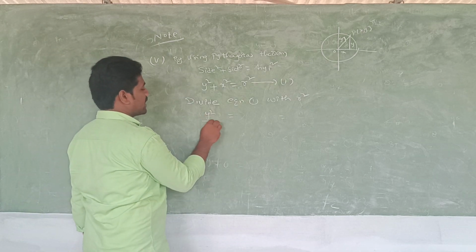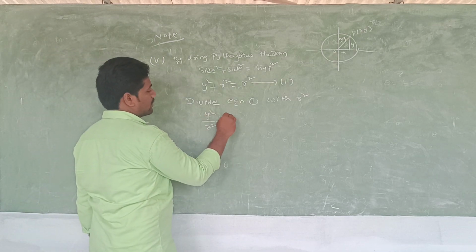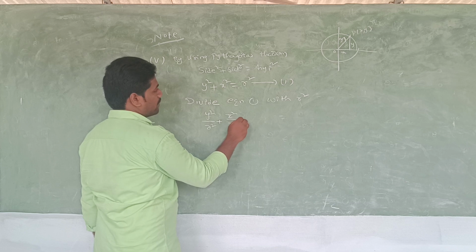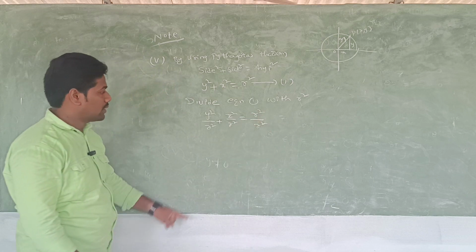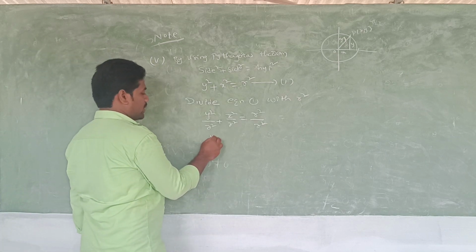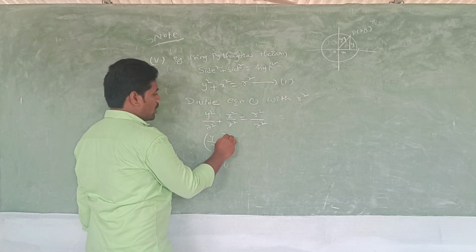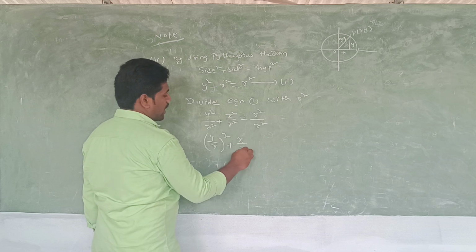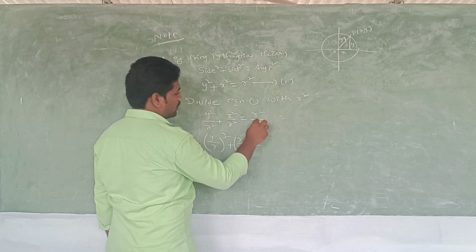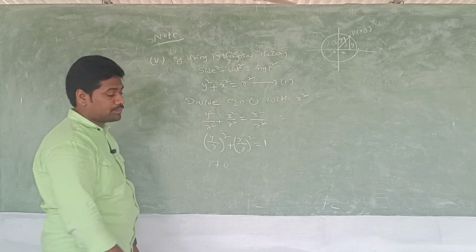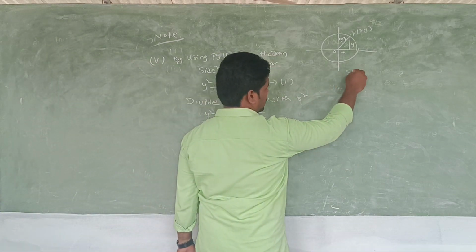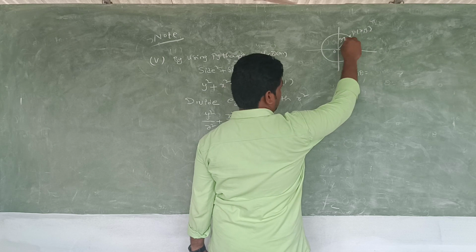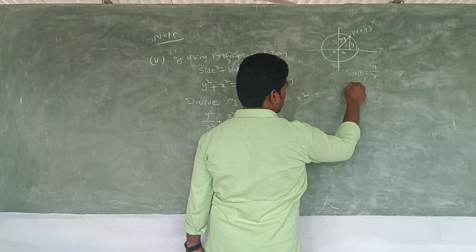You can write it as y square by r square plus x square by r square is equal to r square by r square. Y square by r square can be written as (y by r) whole square plus (x by r) whole square is equal to r square by r square, which is 1. So I am writing the ratios. Sin theta is equal to y by r.